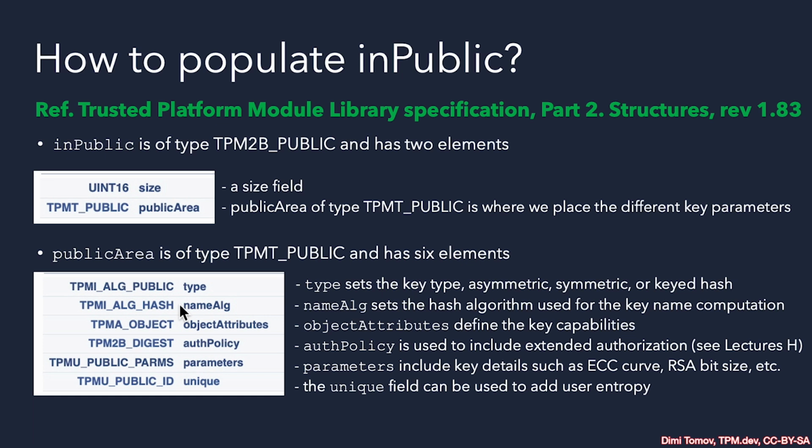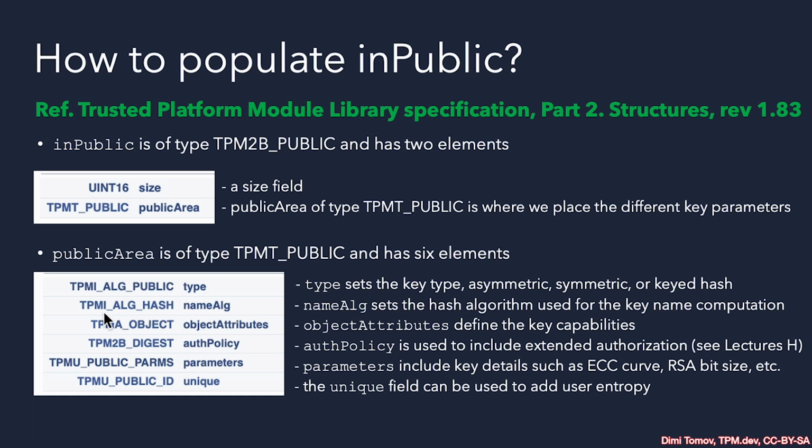So TPMT public has 6 very important elements. The first one being type. As the name suggests, this provides the key type, usually RSA or ECC, and we'll take a closer look in a moment. Then we have something called name algorithm, which is typed nameAlg as one word.